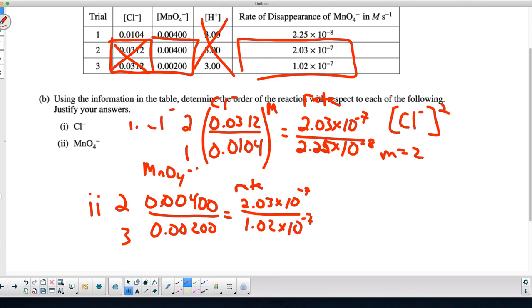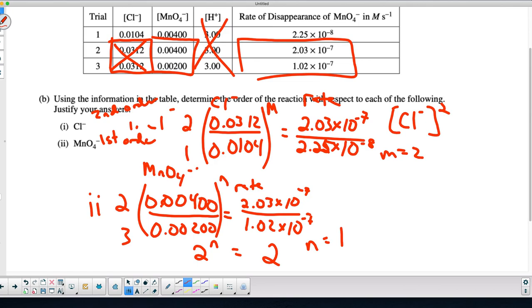Okay, so for this, the rate looks like I got a 2 here, and this one clearly looks like a 2, but this is all by the order of n. So 2 to the n equals 2, so that means n equals 1. This is actually a pretty simple problem to find the orders. So we got the order for Cl minus is second order, and first order for permanganate.